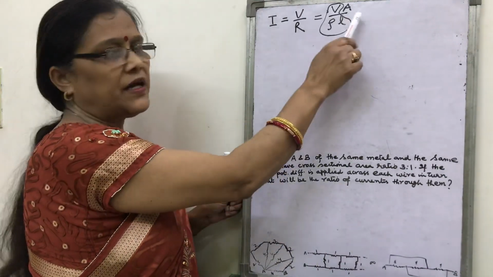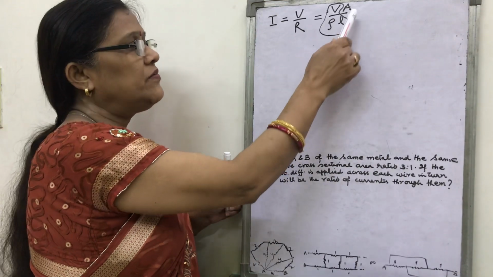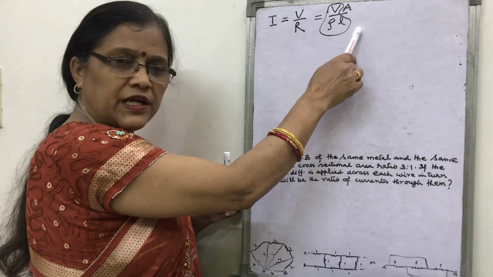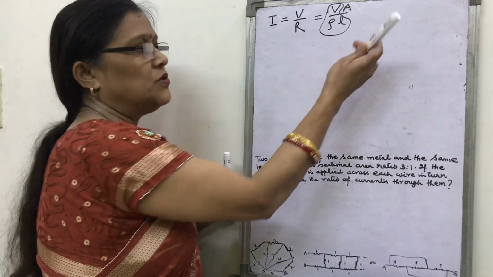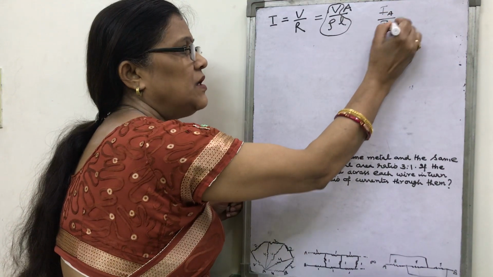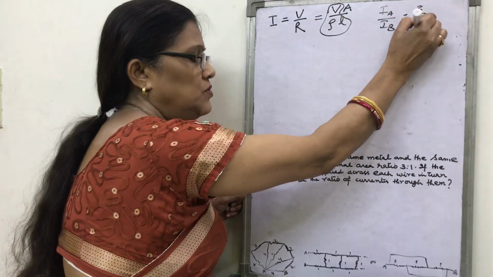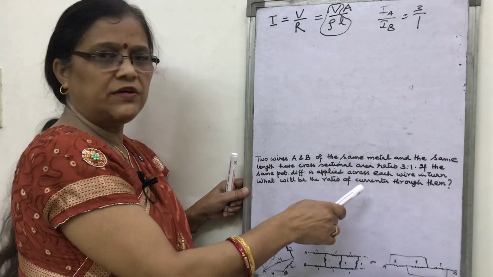What is the relation of I and A? Directly proportional. Whatever is the ratio in their cross sectional area, the same will be the ratio in the currents. So what will be the currents ratio? That is IA to IB, same, that is 3:1, which is given in the question. Now I hope you must have understood.